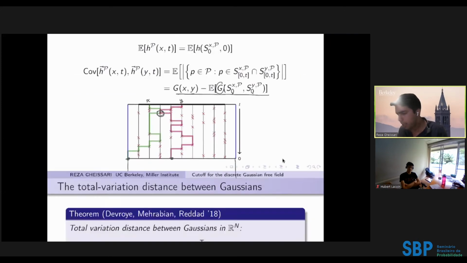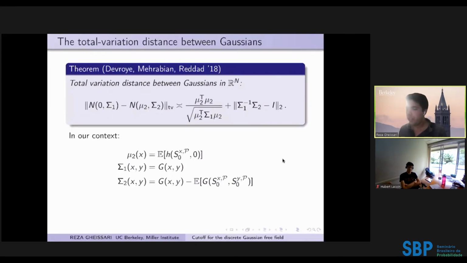How we're going to use this is an exact characterization of the total variation distance between two Gaussians. Because they're Gaussians, we have access to nice exact expressions. So here's an expression for the total variation distance between two Gaussians in high dimensions.